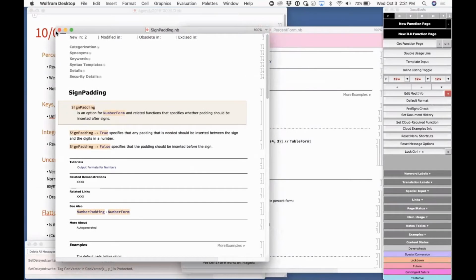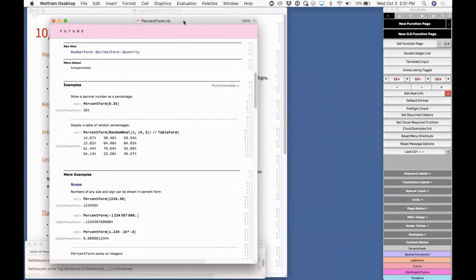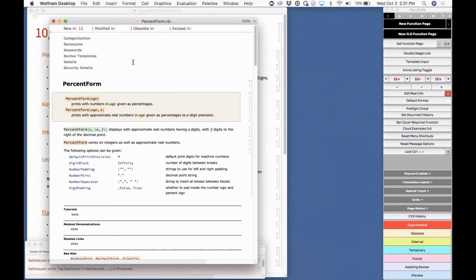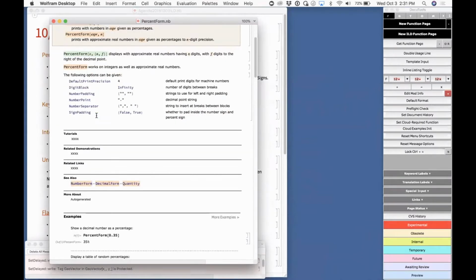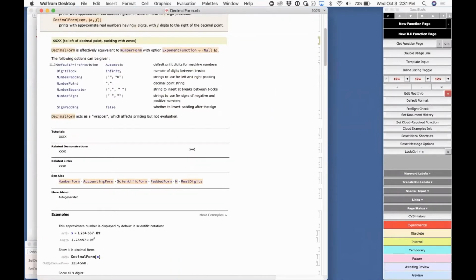Okay. Where are we knitting PercentForm? Do we know? Wherever NumberForm is, probably. I think it's a really good function. I will do the honors of defuturizing. Well, and DecimalForm also. So I assume DecimalForm points to PercentForm. Probably not yet.